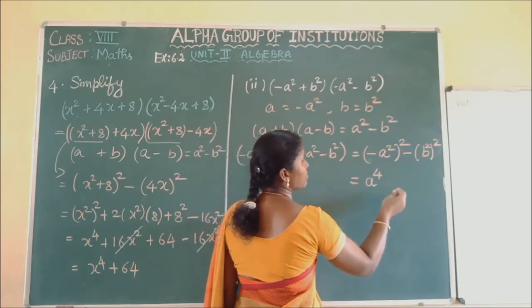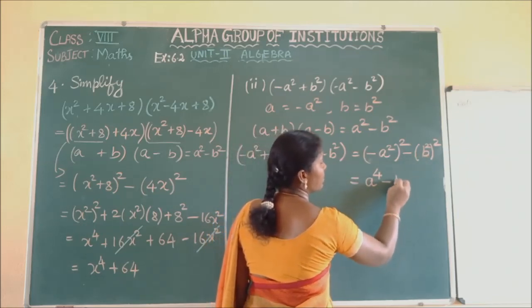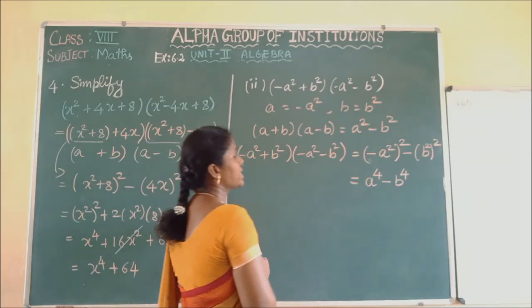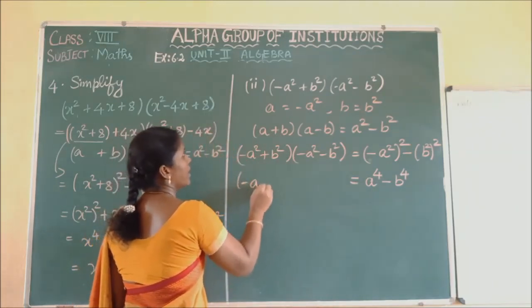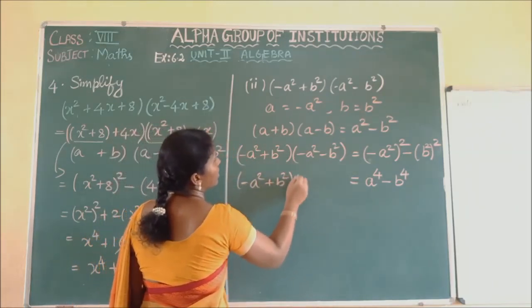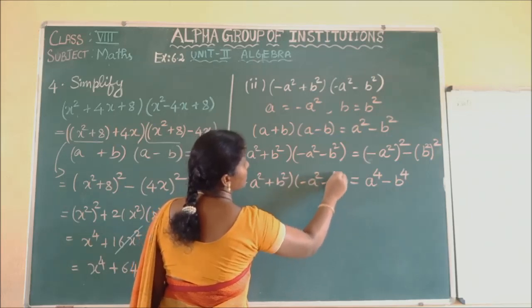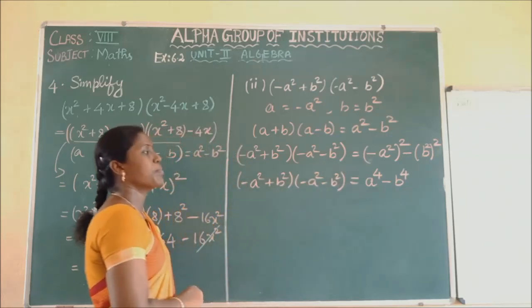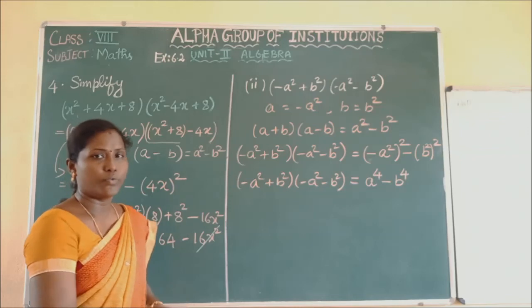Whenever you take minus to an even power, it will become positive. So a power 4. Minus, and b square whole square is b power 4. So if you multiply, the value is a power 4 minus b power 4.